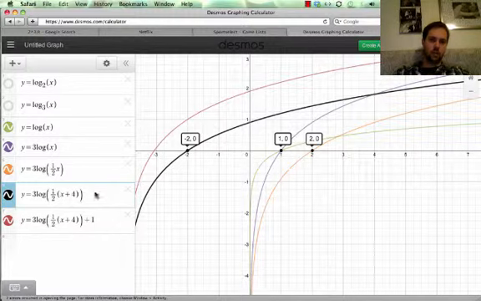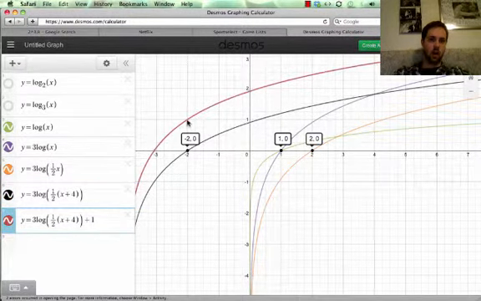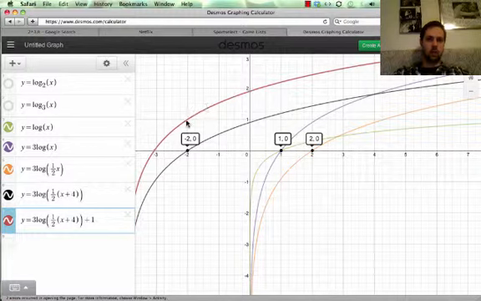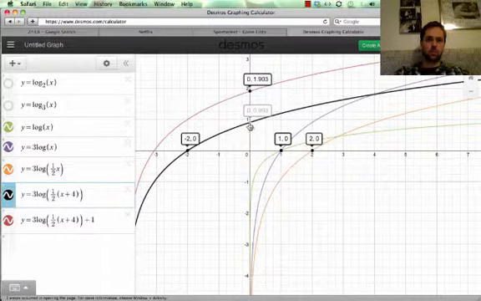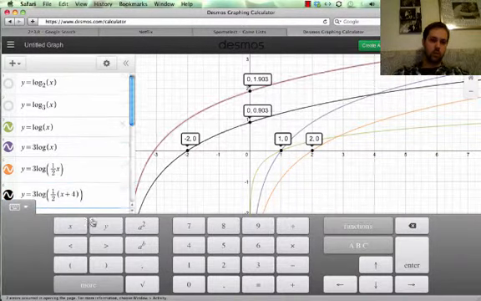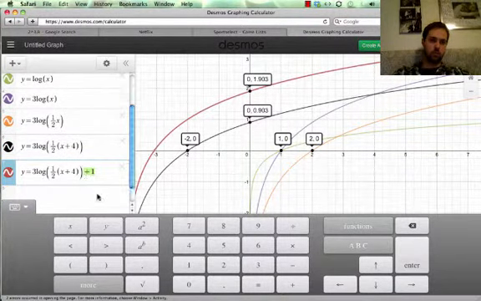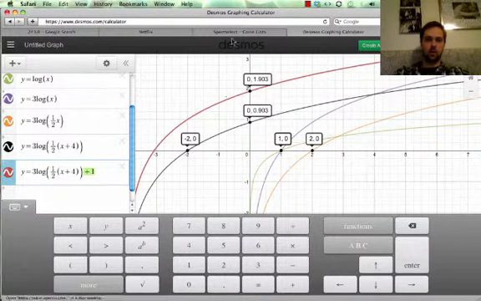Now we apply the horizontal shift left 4, accompanied by a vertical shift up 1. And of course we're not going to be able to tap on this value because it's not an intercept. But we can tap on this one, and you see that this one would be 0.903, and this one is shifted up 1 because of the vertical shift up.